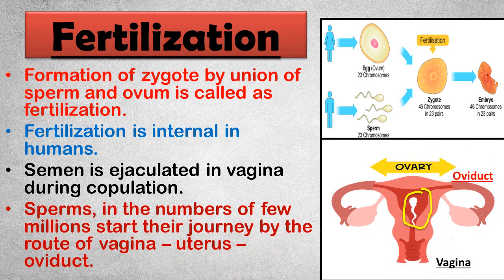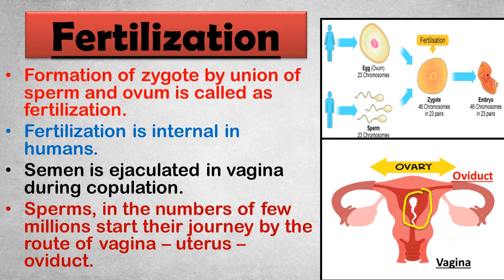Okay, so here you can observe the ejaculation into the vagina. Sperms, in numbers of a few millions, start their journey by the route of the vagina, uterus and oviduct.